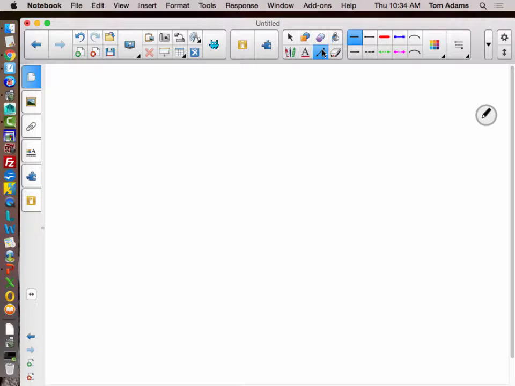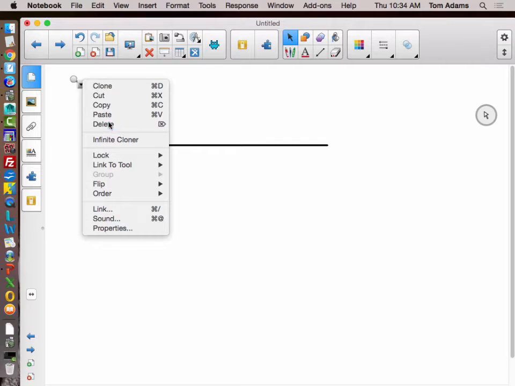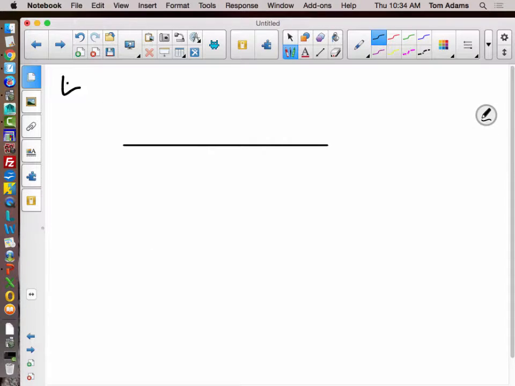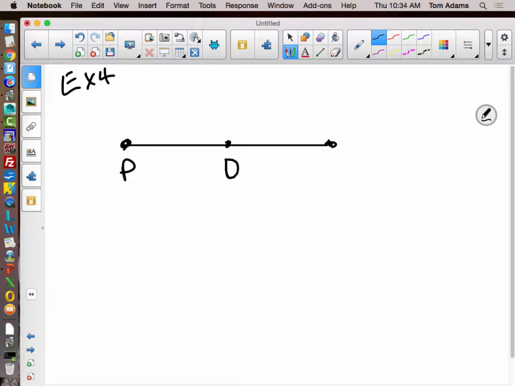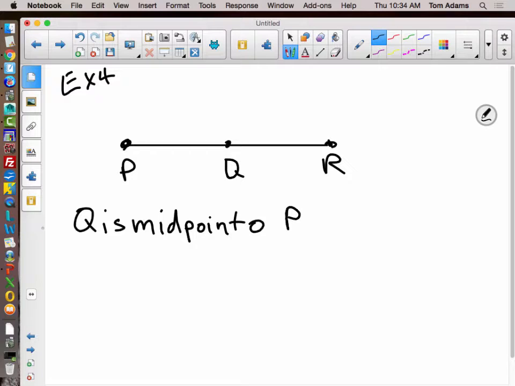So for example number 4, we've got this line segment PQR. And we're told that Q is, in fact, the midpoint of PR.